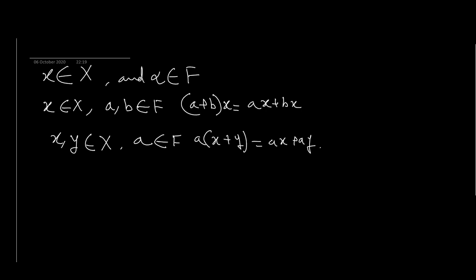Now for every x belonging to X, and a, b belonging to F, such that (ab)x is equal to a(bx).